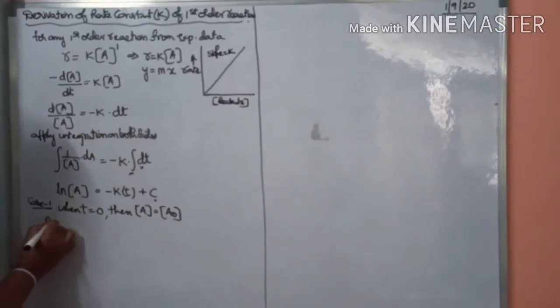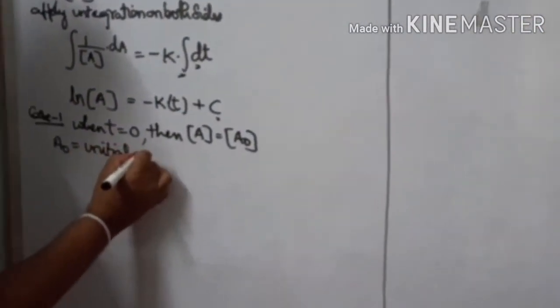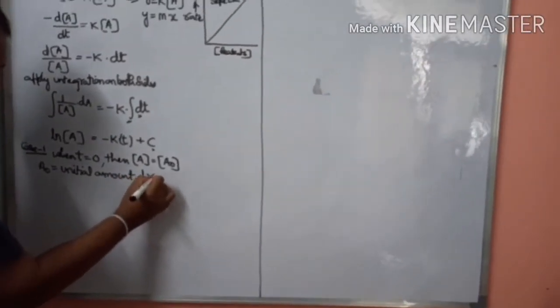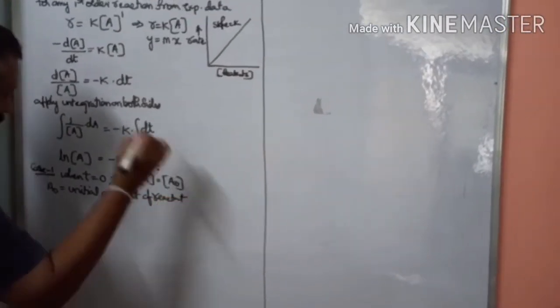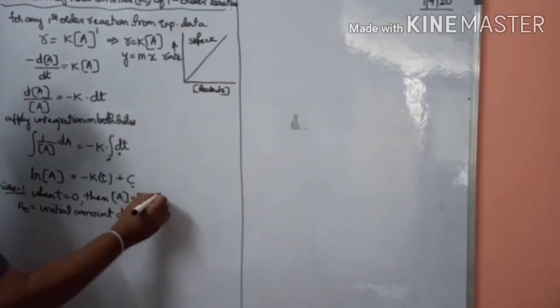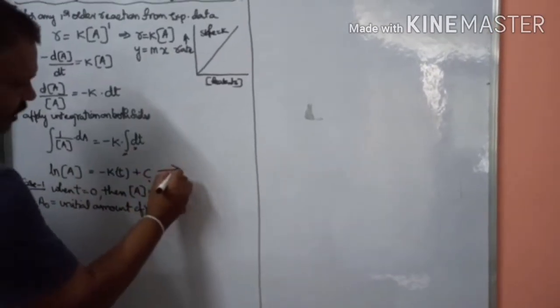So what is A0? A0 is nothing but the initial amount of reactant.